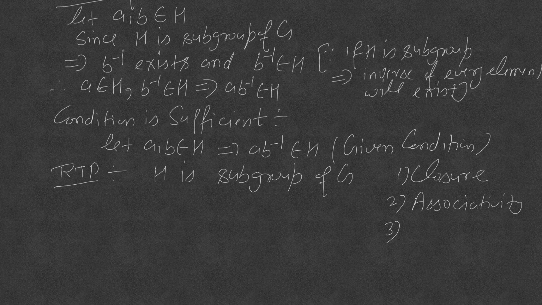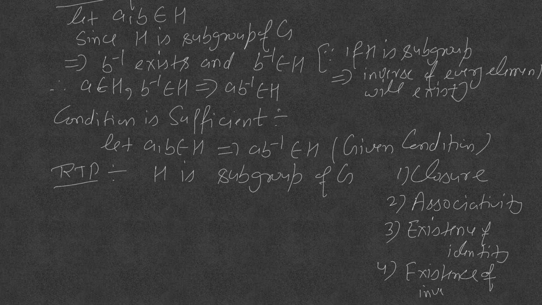Number three, existence of identity. Number four, existence of inverse. We have to show that all these properties are satisfied by H with respect to the given binary operation. One by one we will prove all the properties.